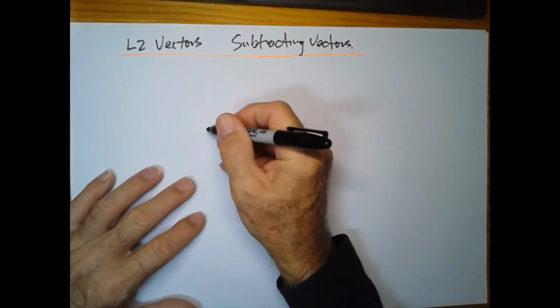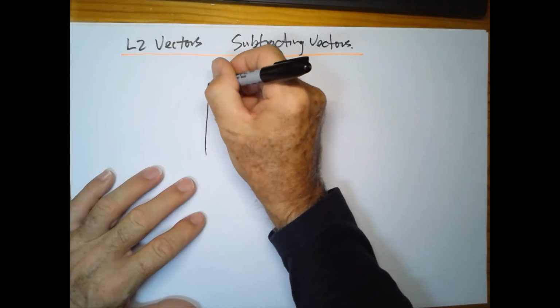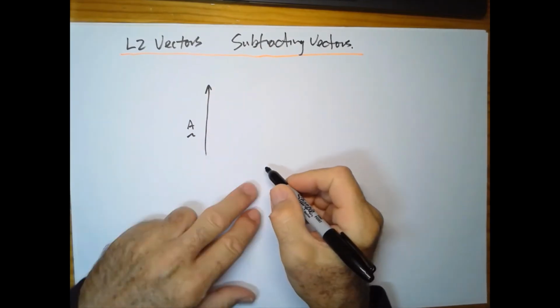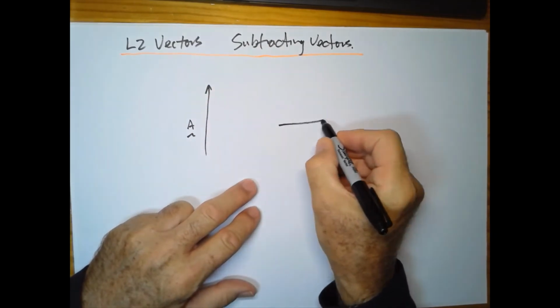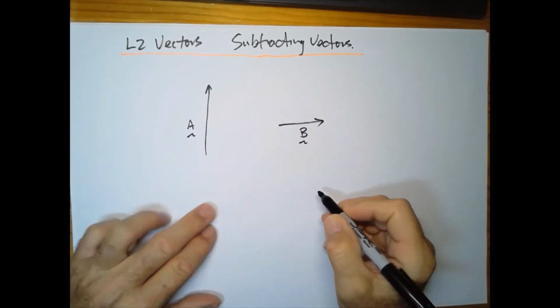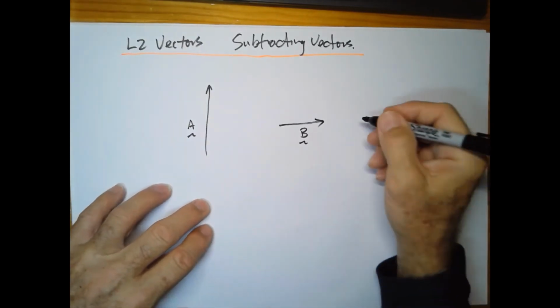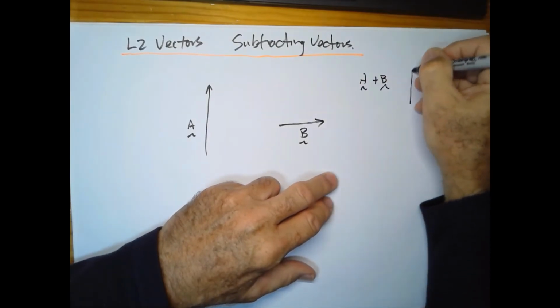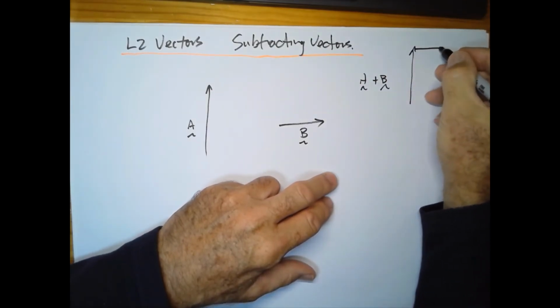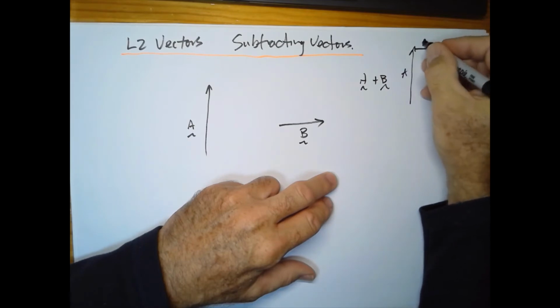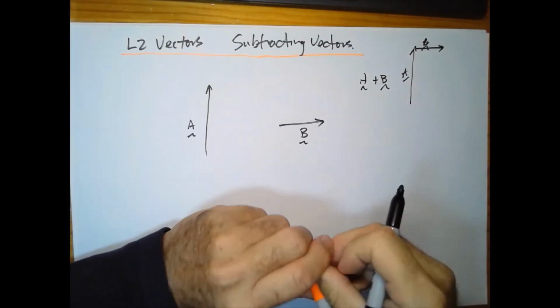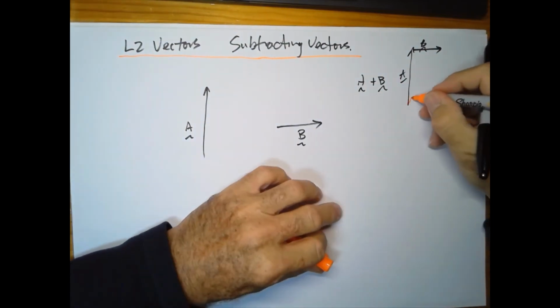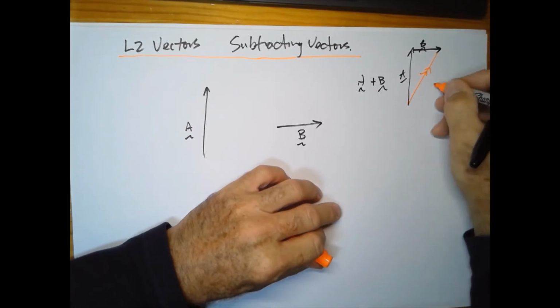Let's look at two vectors, vector A in this direction and vector B in this direction. And we know how to add vectors. We know how to add A plus B.